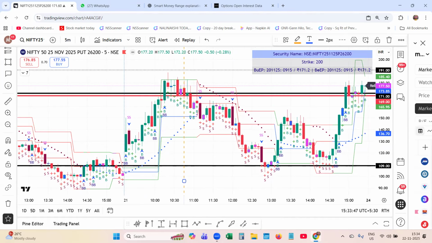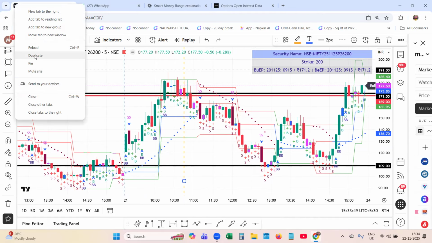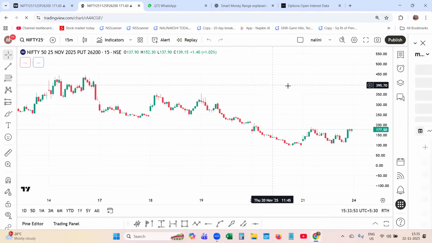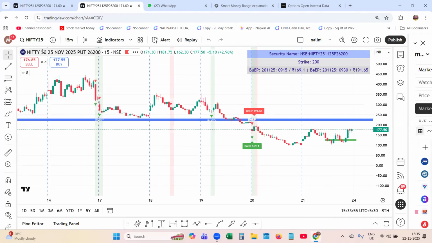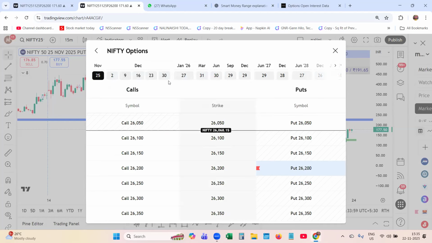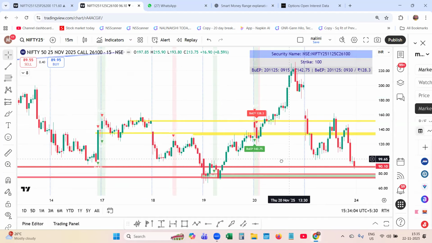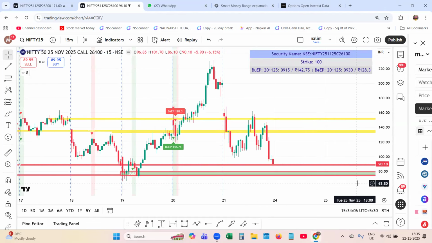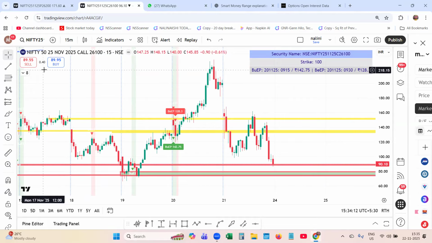I'll duplicate this and I'll apply the 26,100 call option. See, already EPs are marked over here, right? We have marked already 26,000.